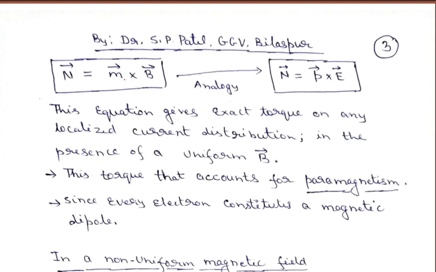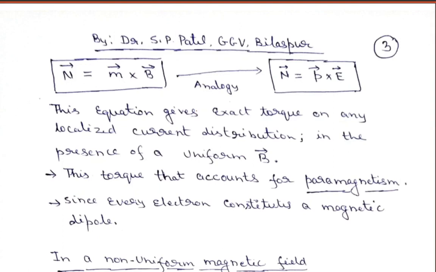In the case of an electric dipole also, if a uniform electric field is present, then there will be no net force on the electric dipole, but there will be a net torque on the dipole, and the torque was equal to this. So this magnetic torque on a magnetic dipole moment and the torque on an electric dipole moment are analogous, meaning electrostatics and magnetostatics run parallel to each other.